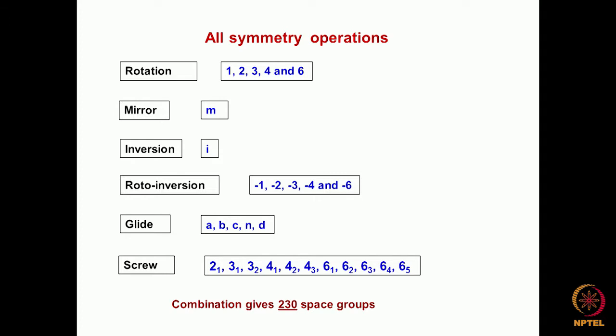Then we have glides A, B and C, and N and D. Then these are all the types of screw axes. Now if we see a combination of these various symmetry elements, what are the distinct groups which will be formed? That number is only 230.